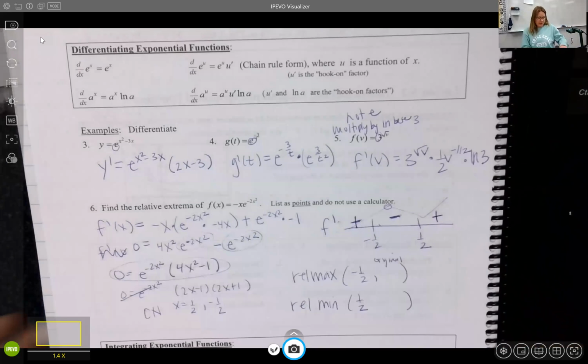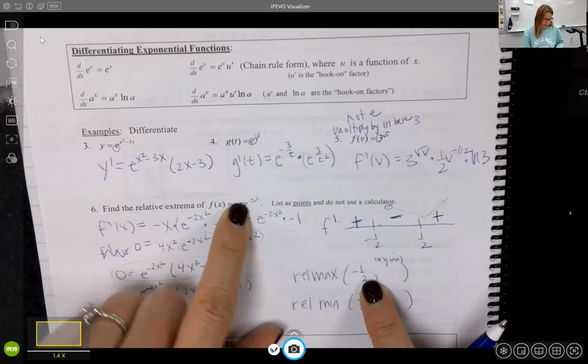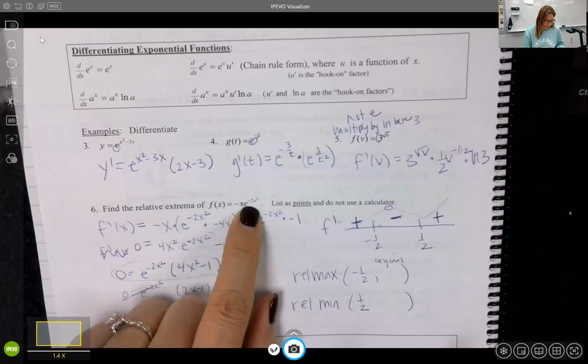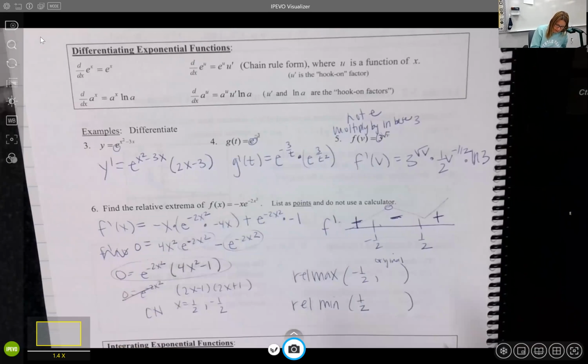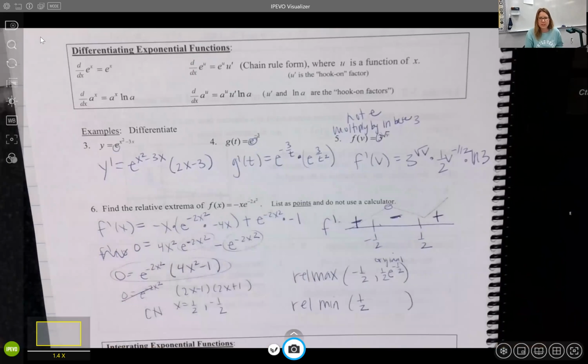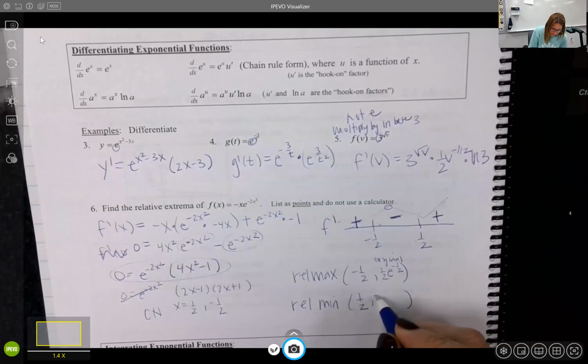So plug that negative 1/2 into here, and we get positive 1/2 e, and then 1/2 squared is 1/4. So this will be e to the negative 1/2. So 1/2 e to the negative 1/2, and we just leave it like that. Okay, and then the other one's going to be negative 1/2 e to the negative 1/2.